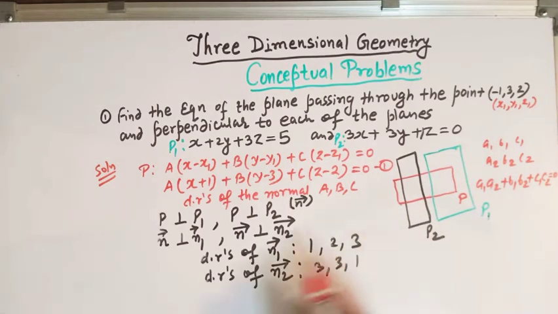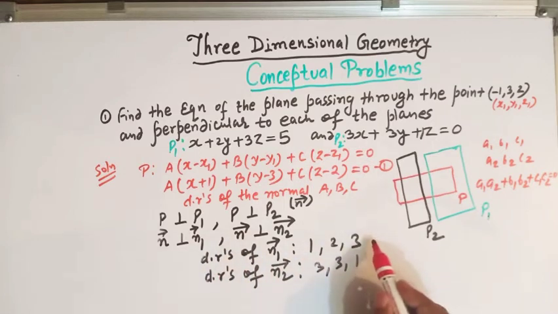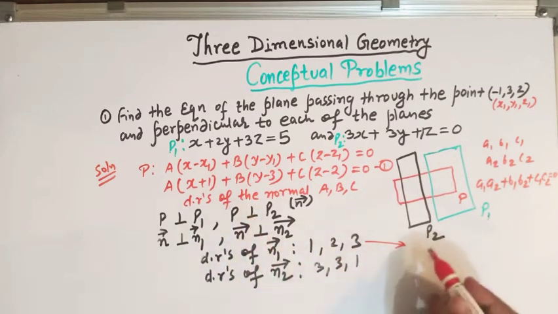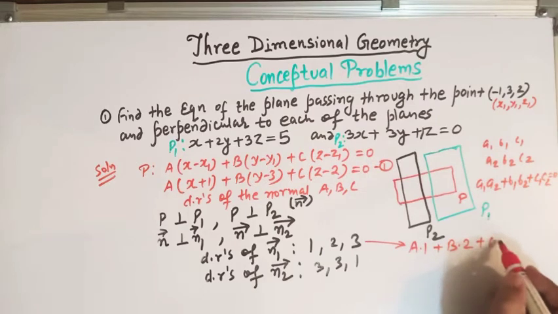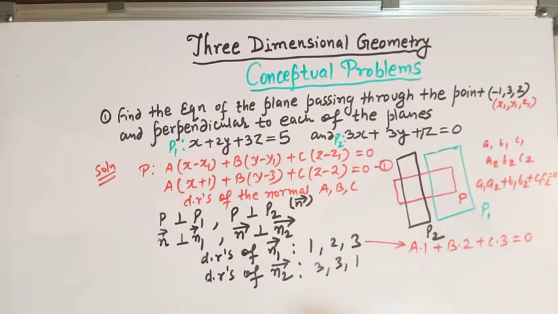So here vector n is perpendicular to vector n1. So from here we get the equation a times 1 plus b times 2 plus c times 3 equal to 0, and vector n is perpendicular to vector n2.